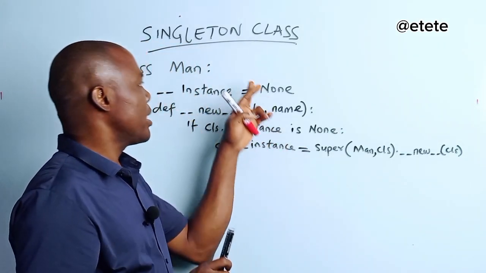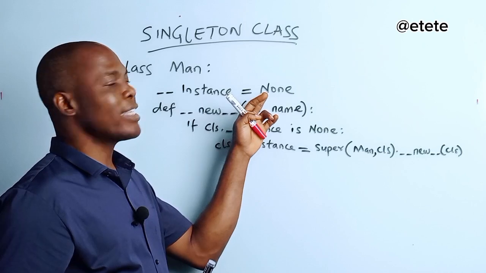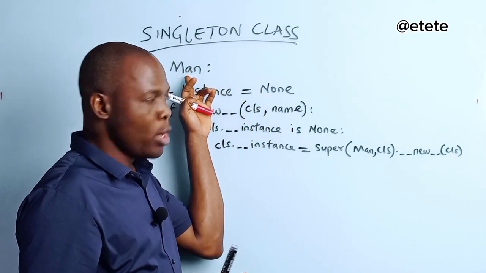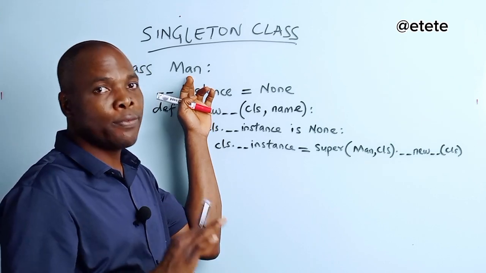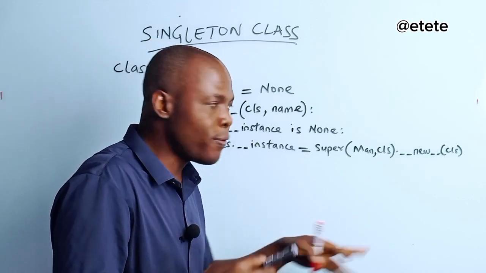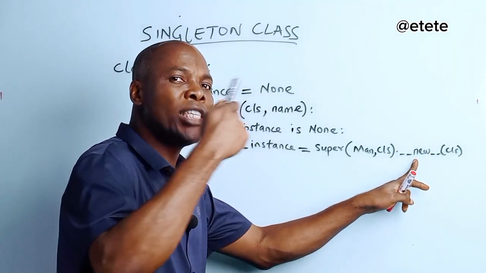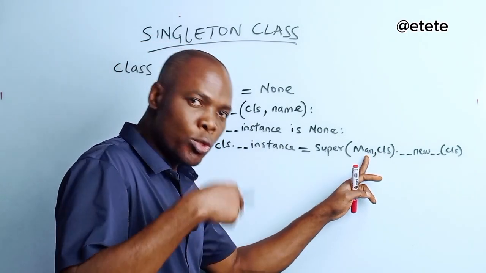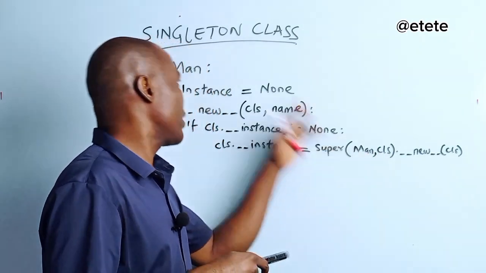Because it has checked that the instance is None, meaning no object has been created for this class before, we are now going to call the default new method inside the object class, which is the parent class for Man, to create an instance for this class.